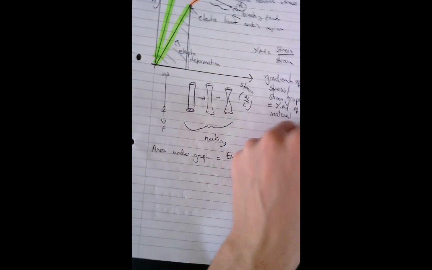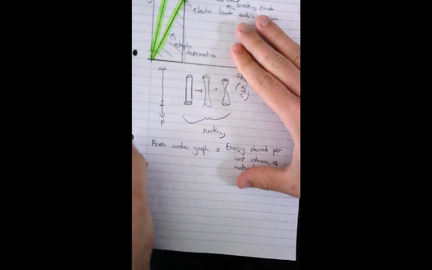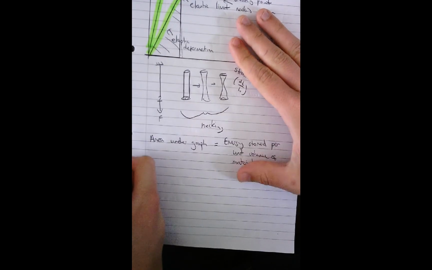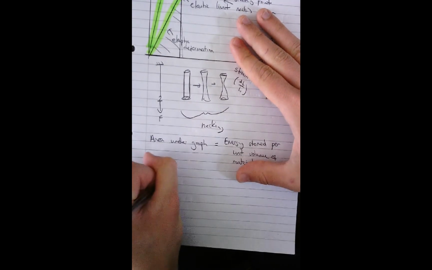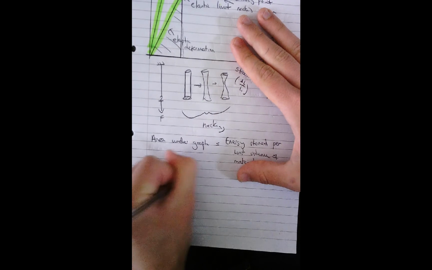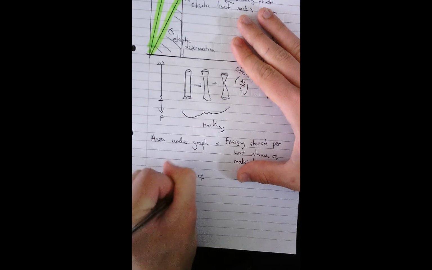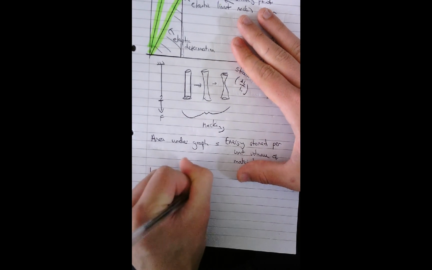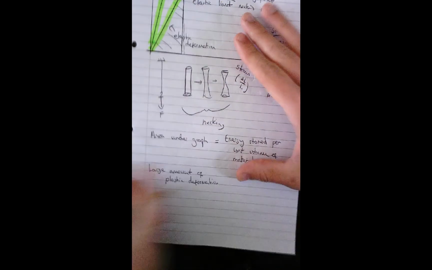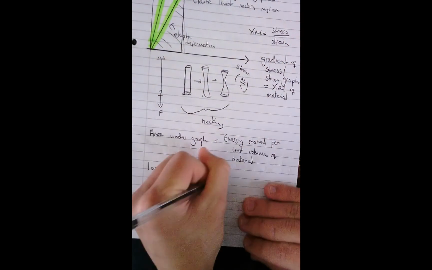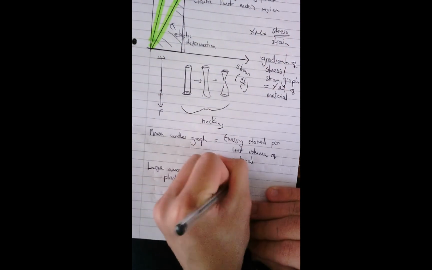It's worth knowing here, it's an important point, that if a material has large amounts of plastic deformation, as a general rule, we would say that means that it's ductile.